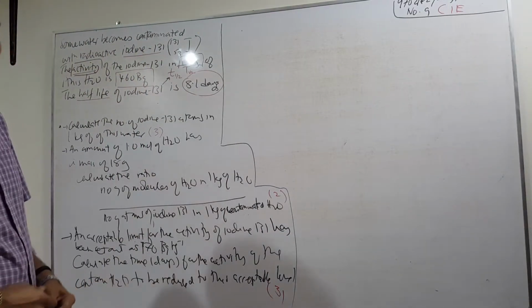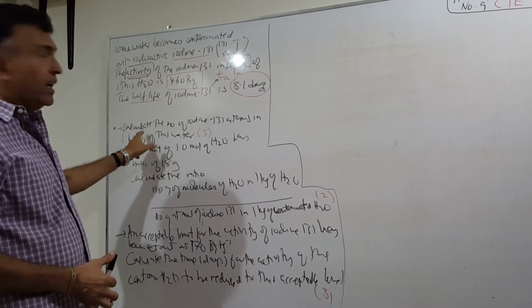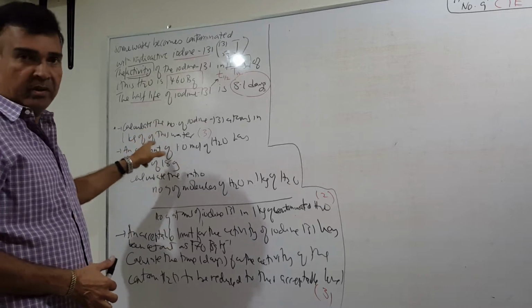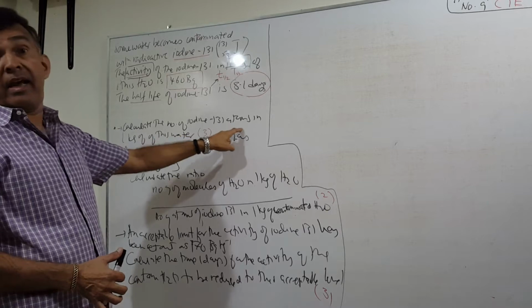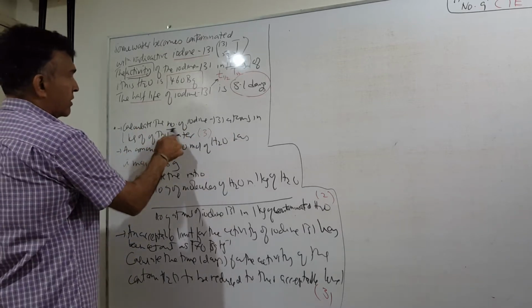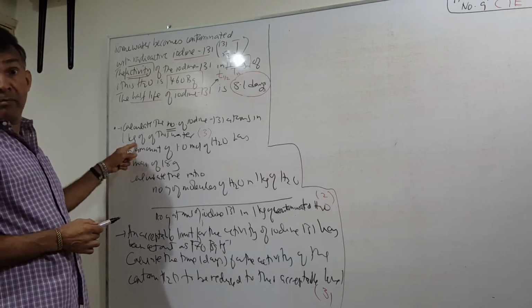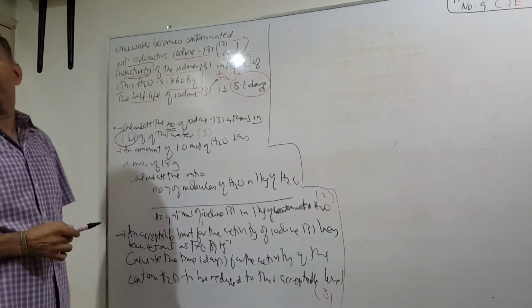Next part of the problem. We're asked to calculate the number of iodine 131 atoms in 1 kilogram of this water.